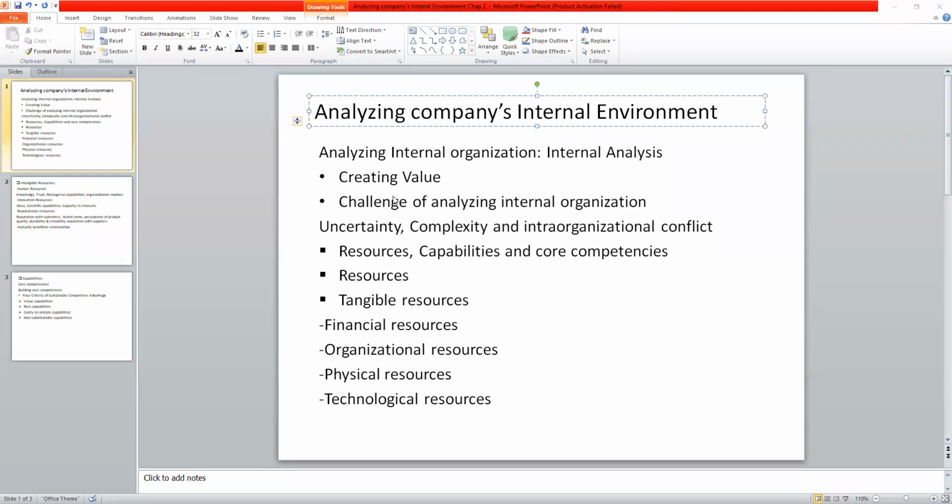Now, those companies which have people with the global mindset have a key resource for long-term competitive advantage in the global market.